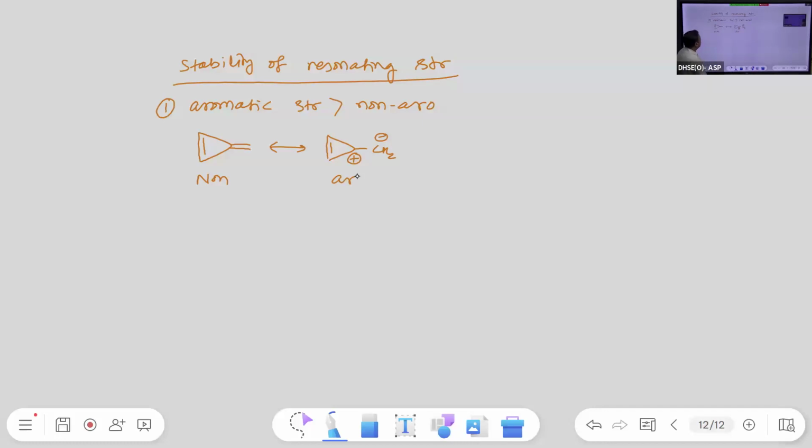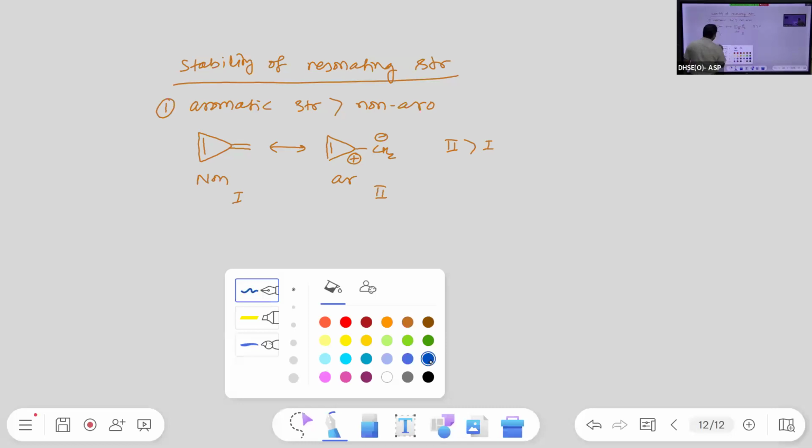Which is more stable? The non-aromatic is less stable than the aromatic resonating structure. So here structure 2 is aromatic, 1 is non-aromatic, so structure 2 is more stable than 1. Aromatic resonating structures are more stable than non-aromatic resonating structures.